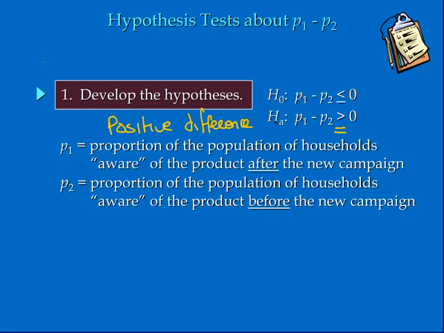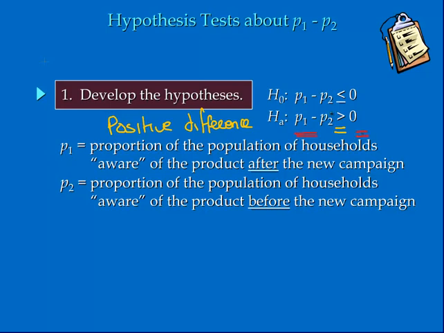We're interested in, did this advertising campaign work? Did the proportion of people who knew about the product increase over the course of the campaign? Is the proportion for after greater than the proportion for before?